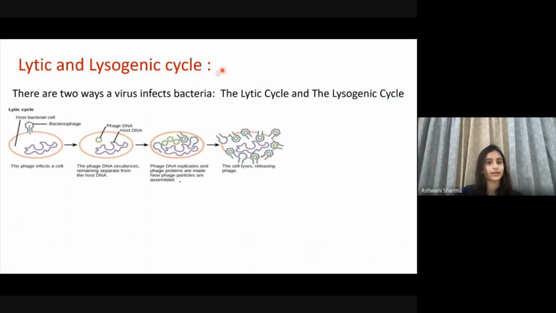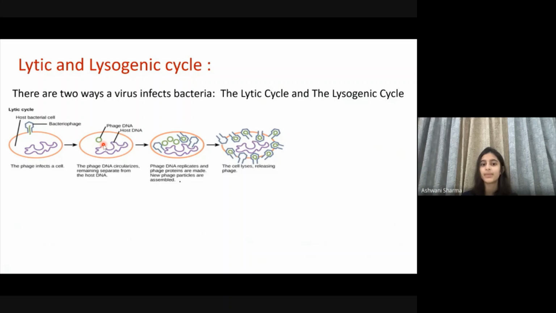So now the lytic cycle. What happens in this lytic cycle is that the bacteriophage firstly, of course, injects its DNA into the bacteria. Then the DNA uses the bacteria's resources, and it uses these resources to create more bacteriophages.